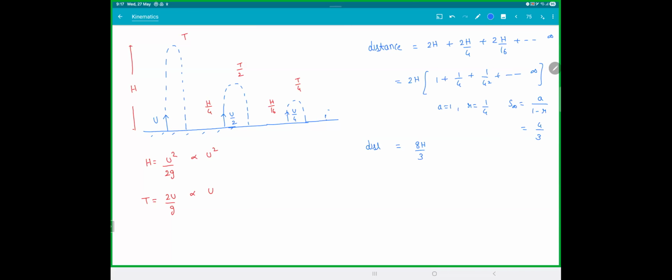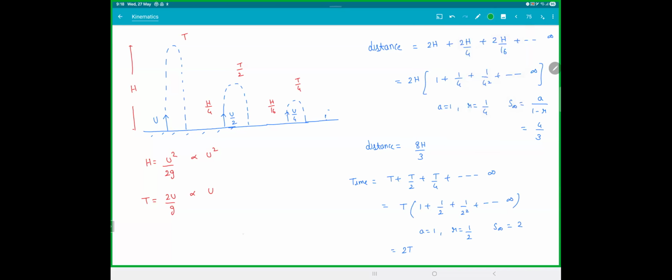This is your total distance. Similarly, when you take the total time, it will be t plus t by 2 plus t by 4 and so on till infinity. We can clearly see the sequence here, 1 plus half plus 1 by 2 square and so on till infinity. a is 1 and r is half. If you apply the formula, you get 2. This is 2t. So this is the total time.